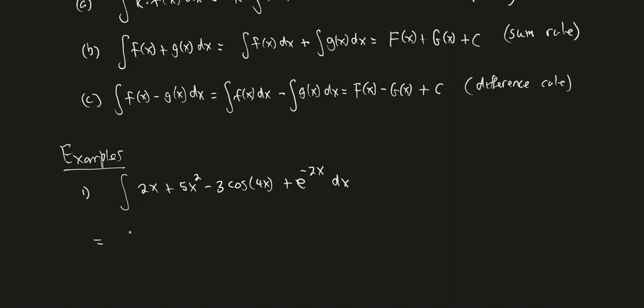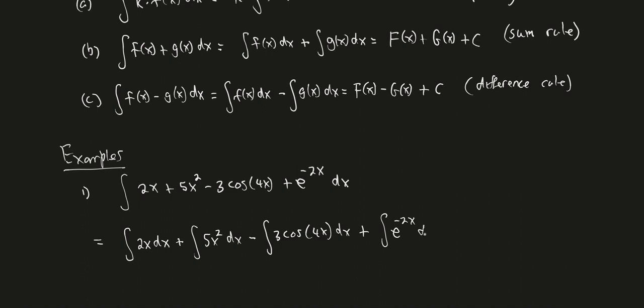In other words, mentally I think of this as the antiderivative of 2x plus, I bring down my plus sign, the antiderivative of 5x squared, right, minus the antiderivative of 3 cosine of 4x dx, and then finally plus, bring down this plus sign, the antiderivative of e to the negative 2x dx.